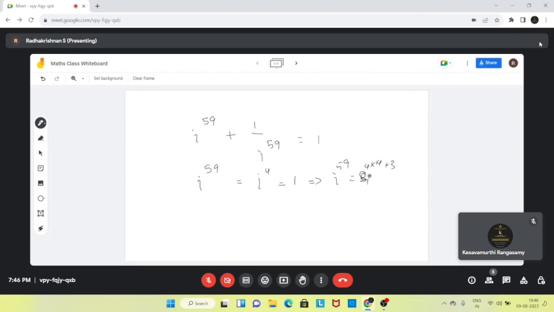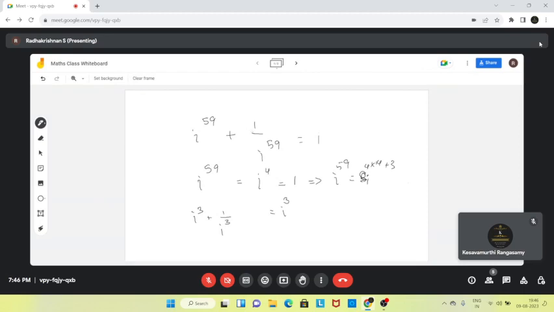So this will become equal to I cube. So this will be I cube plus 1 by I cube, and you have to further simplify it.